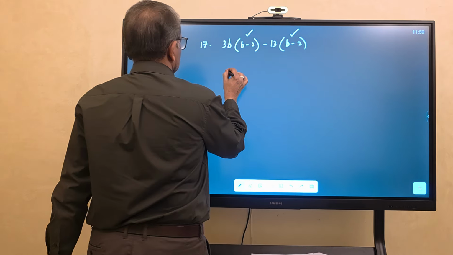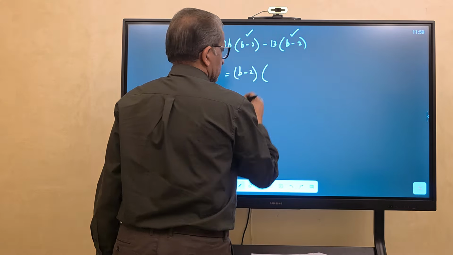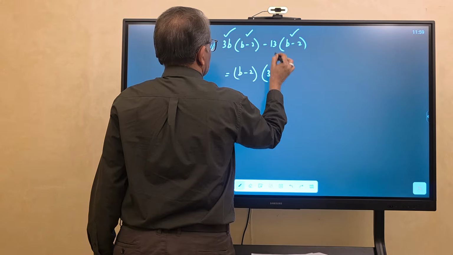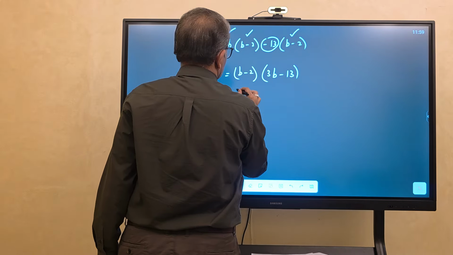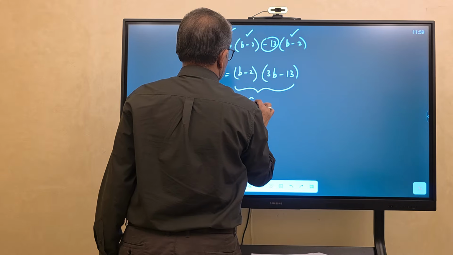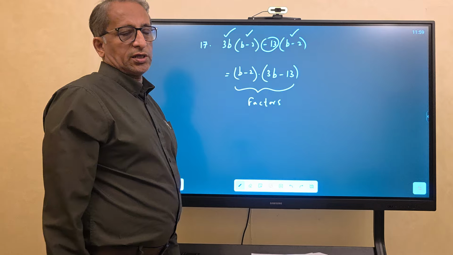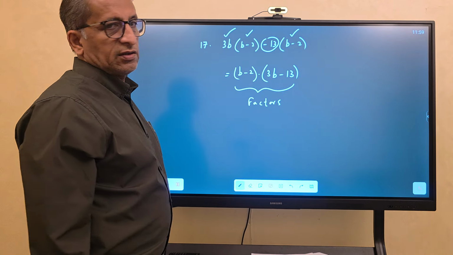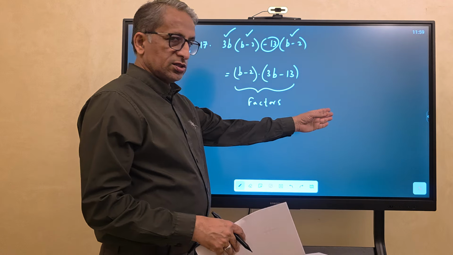Take that common, b minus 2. What is inside? 3b minus 13. These are the factors because they are multiplied. This is how we find the factors by using the formula I just gave you.